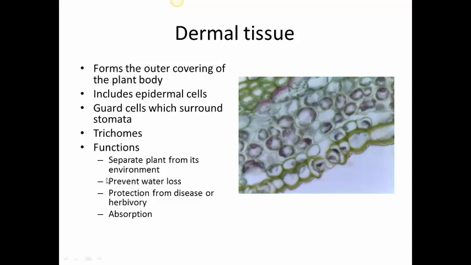So the dermal tissue helps to separate the plant from its environment, to prevent water loss, to protect the plant from disease or herbivory, and it also helps with the absorption of water. The growing area of the root is covered with tiny little hairs called root hairs. Those are part of the dermal tissue, and those hairs are primarily where water absorption is occurring in the plant body.